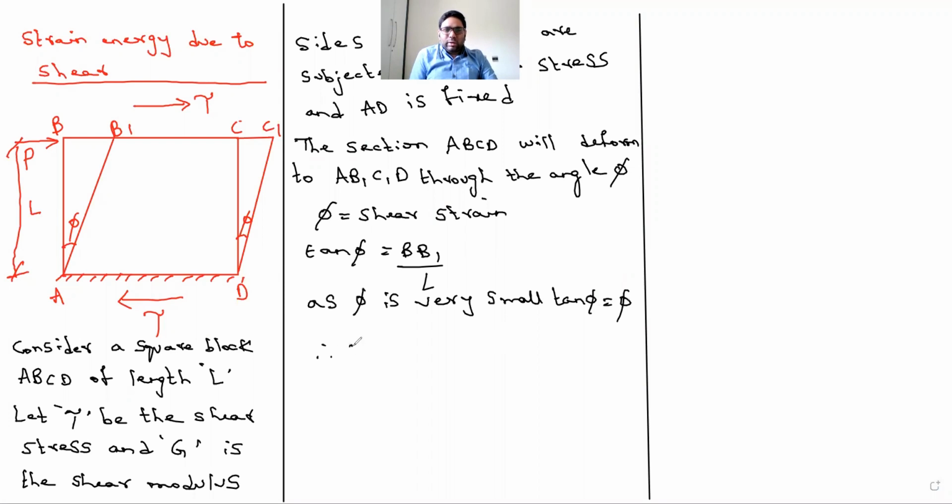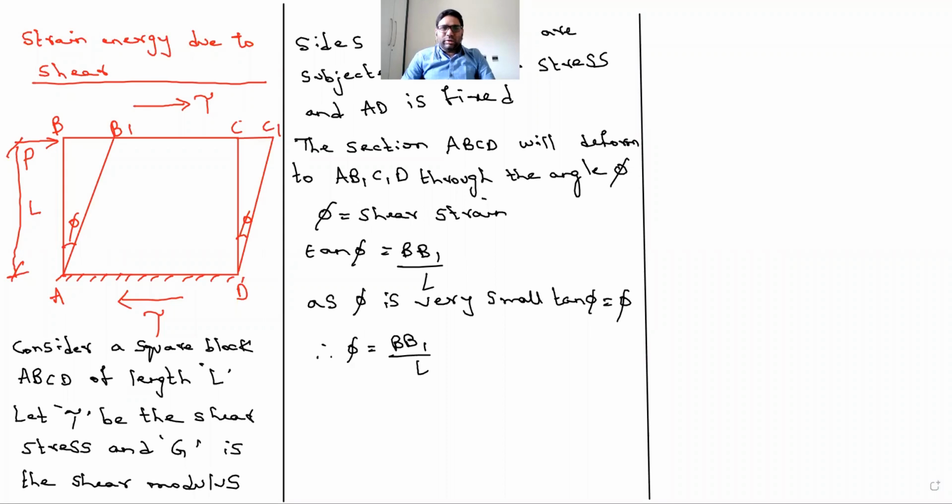Therefore phi is equal to BB1 by L. That is the expression we have got, and this is the shear strain.